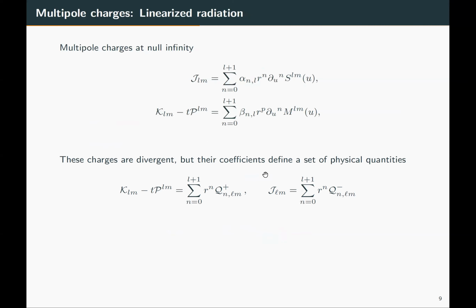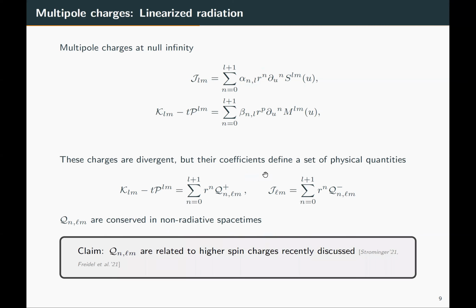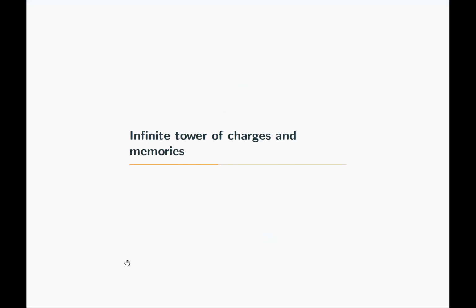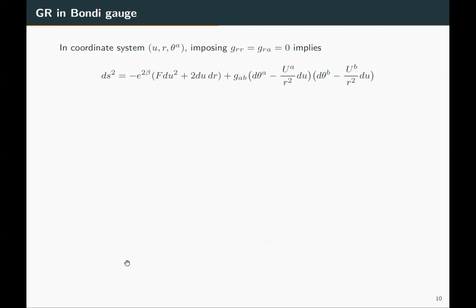Okay. So in the second part of the talk, I'll talk about the relation between these quantities and the higher spin charges and so on. To do that, I need to go to the Bondi gauge, which you know very well. It consists of retarded time, radius, and angles on the sphere, and it's defined by these gauge fixing conditions, in which the metric takes this general form.